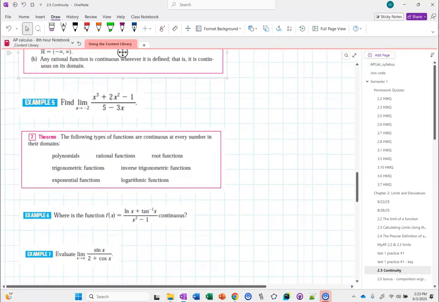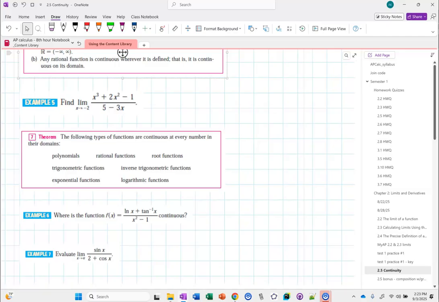Theorem 7. The following functions are continuous for every number in their domains: polynomials, rationals, roots, trigs, inverse trigs, exponentials, logarithms. Every type of function you've studied so far is continuous over its domain. You get that for free. You can just state it.